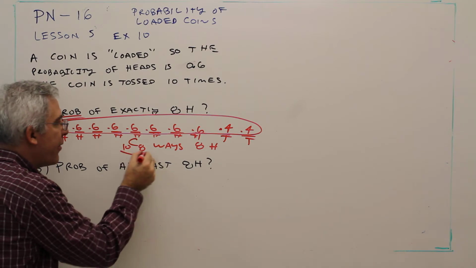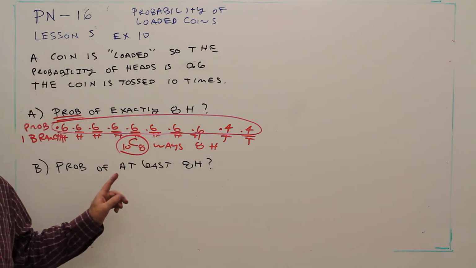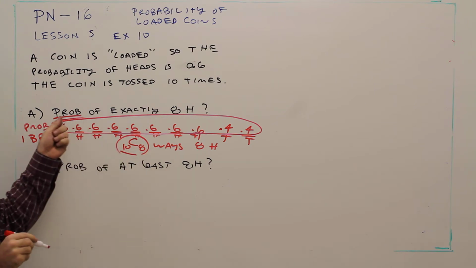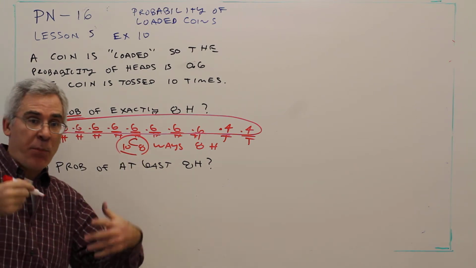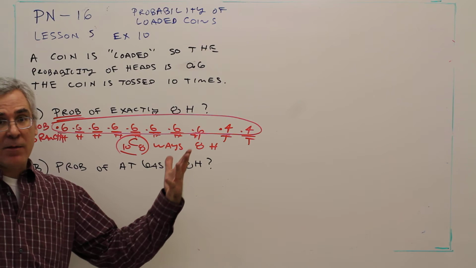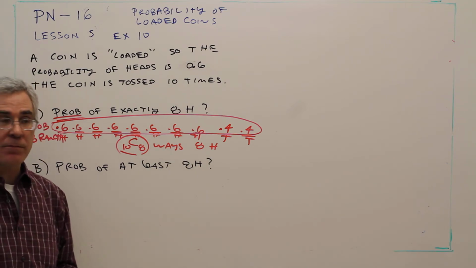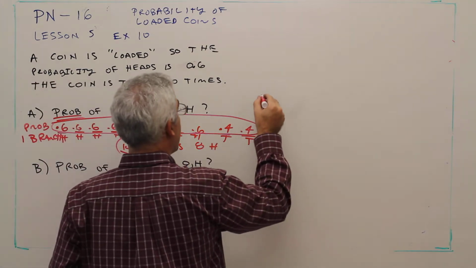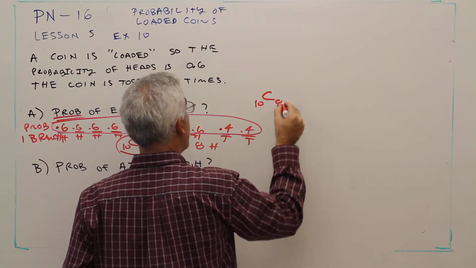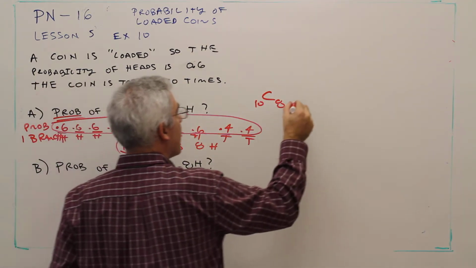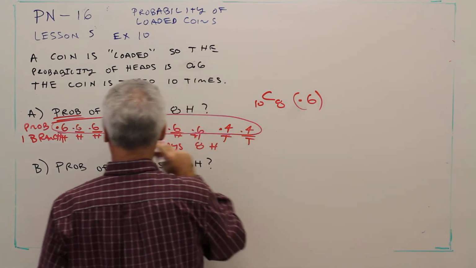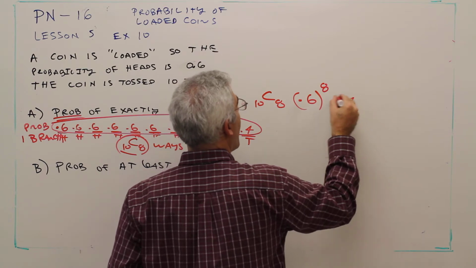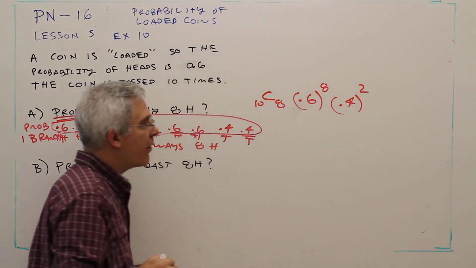But I've got this many branches. So I'm going to take this number of branches times this probability per branch to get my answer to my question. Okay, so let's do that right now. So once again, it's going to be 10 choose 8, times 0.6 to the 8th times 0.4 squared.